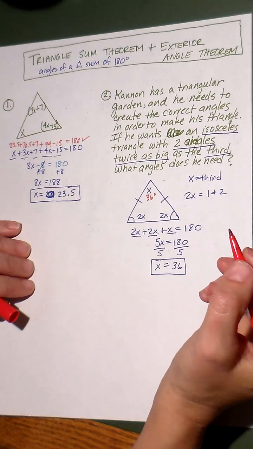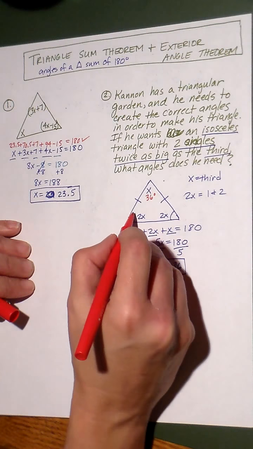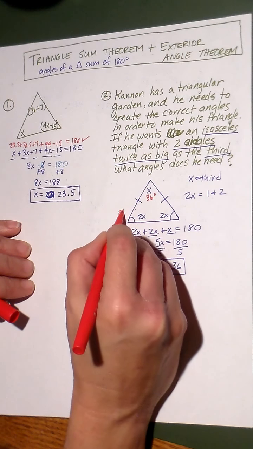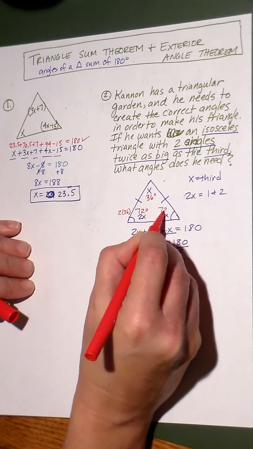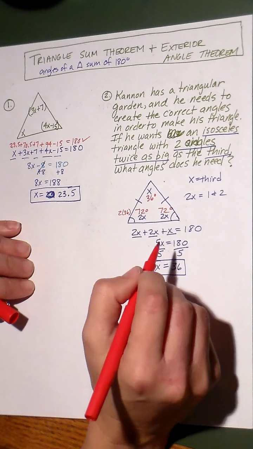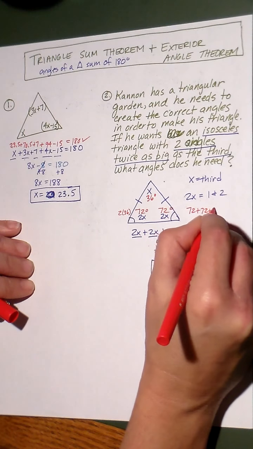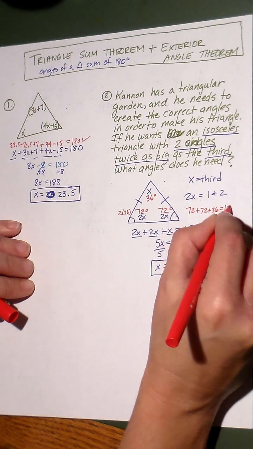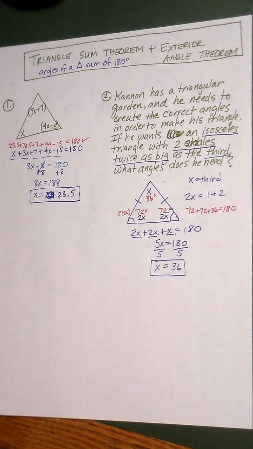It's probably strawberries and blueberries or whatever else you can grow in a garden. And then the other two angles would be 2 times 36, which would be 72 degrees each. And if you want to check and make sure you got the correct angles, 72 plus 72 plus 36 should give you 180, and it does. So that's how you use the triangle sum theorem.